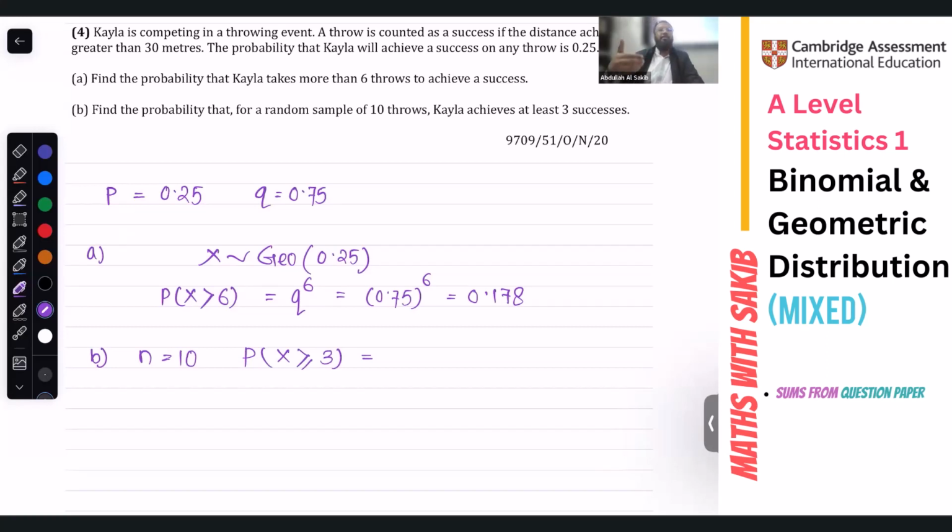You have to find the probability of 3, 4, 5, 6, 7, 8, 9, 10. So what values of the observation are missing? That is 0, 1, or 2. That means I'm going to subtract the probability of 0, 1, and 2 from 1. Is it clear? So 1 minus probability of 0, probability of 1, and probability of 2. So we can do this calculation directly from the calculator.